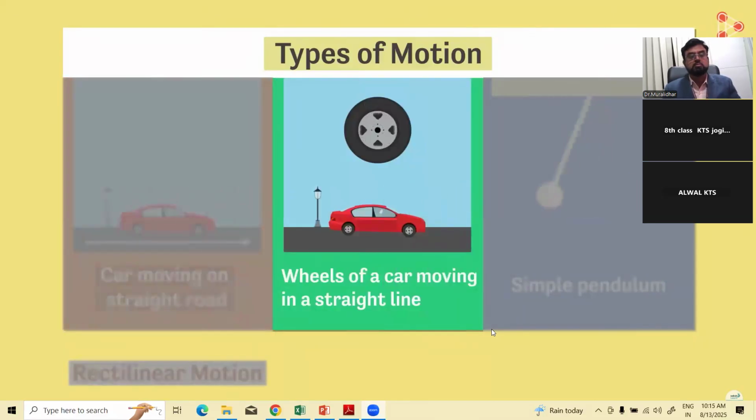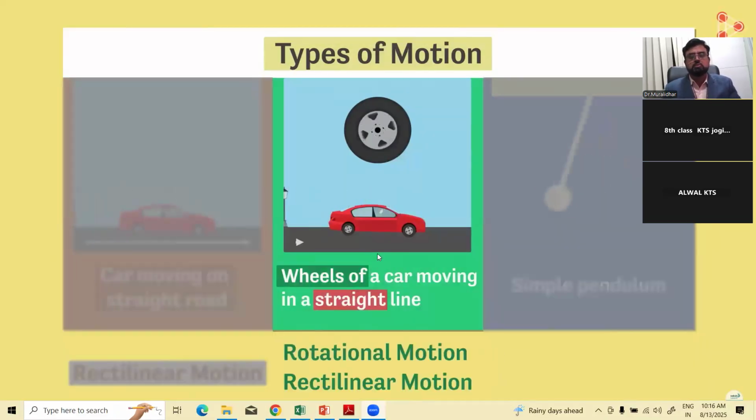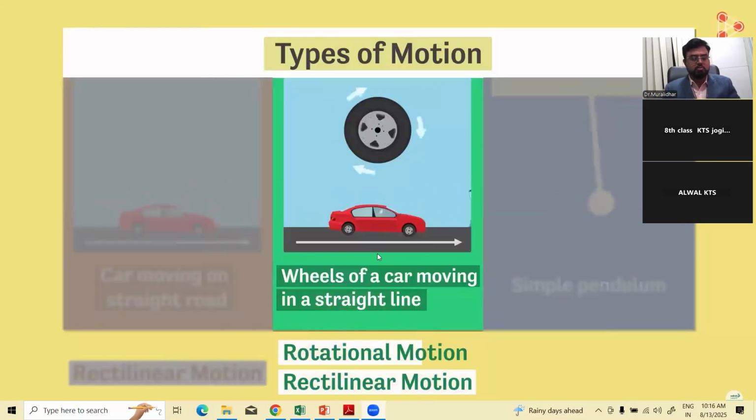Most of us would have guessed rectilinear motion after seeing the word straight. Which type of motion are the wheels of an automobile performing? Are they undergoing rotational motion or rectilinear motion, or both? Since the automobile is moving in a straight line, its wheels are undergoing both rectilinear and rotational motion at the same time.